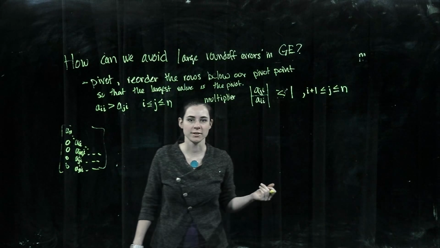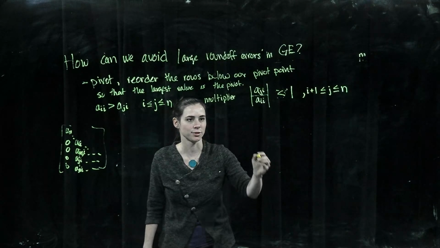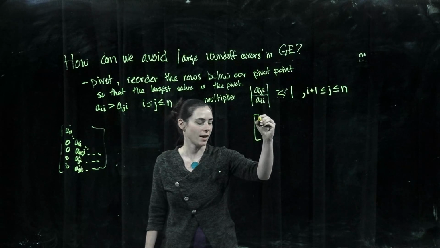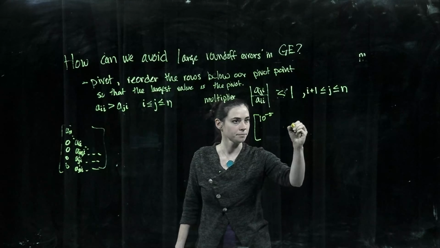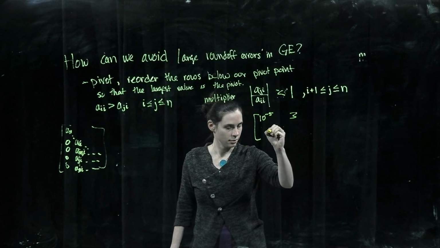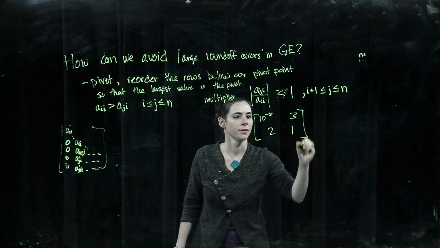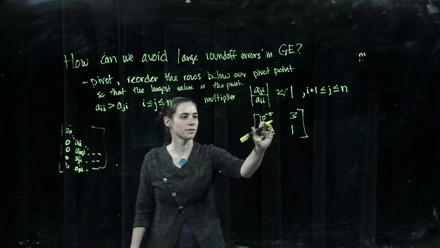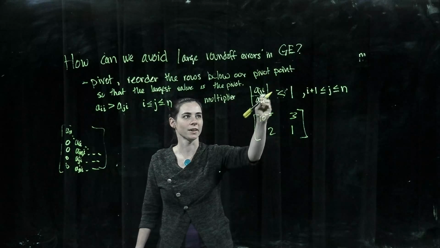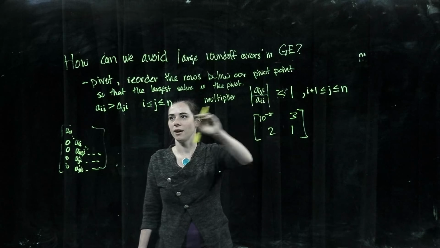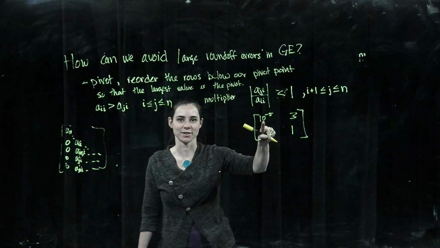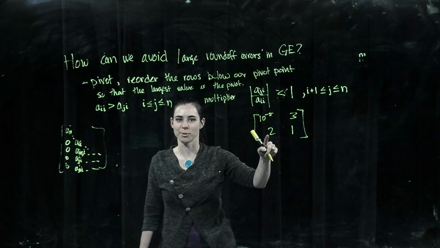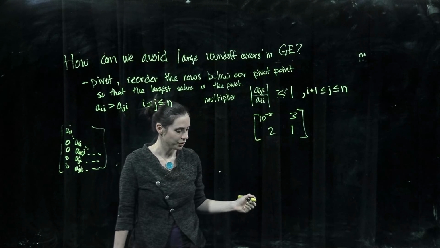So what does this look like in practice? Well, if we go back to our example, we had 10 to the negative fifth, 3, 2, 1. And if we look at this, we want to zero this out, but if we do our check, is A_ii greater than A_ji? Well, A_ii is this 10 to the negative fifth, and it's most definitely not greater than 2.